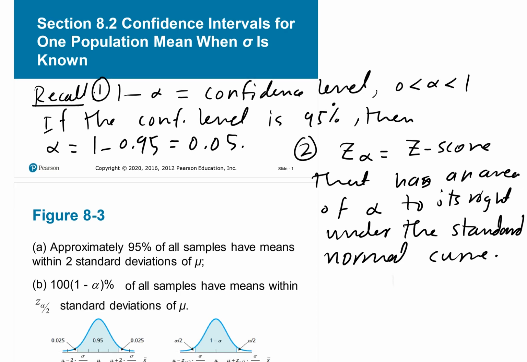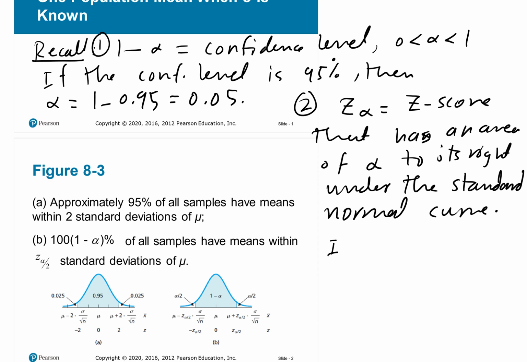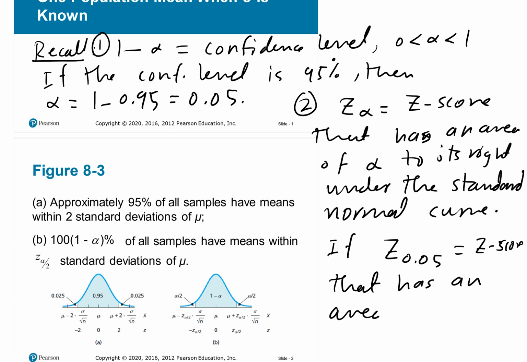For example, if we have something like this, this represents the z-score that has an area of 0.05 to its right.